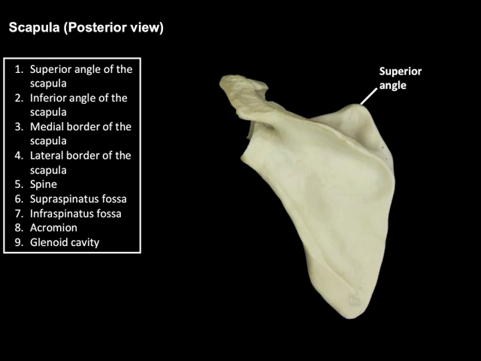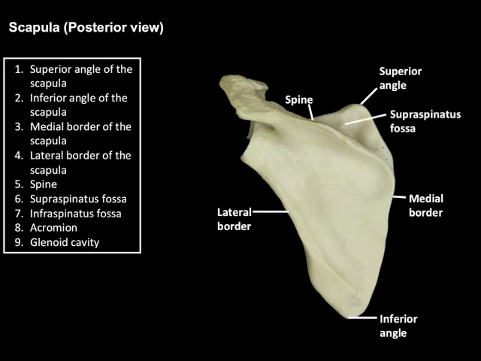The superior angle, the inferior angle, the medial border, the lateral border, the spine, seen only on the back of the scapula, the supraspinatus fossa, the infraspinatus fossa, the glenoid cavity, and once again, the acromion.